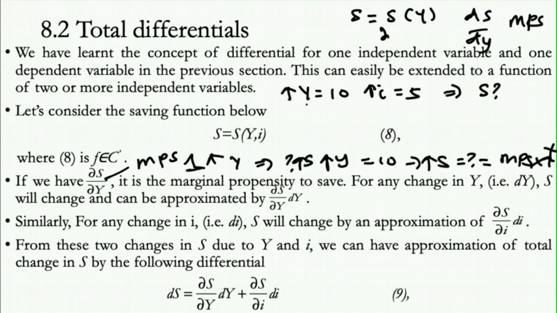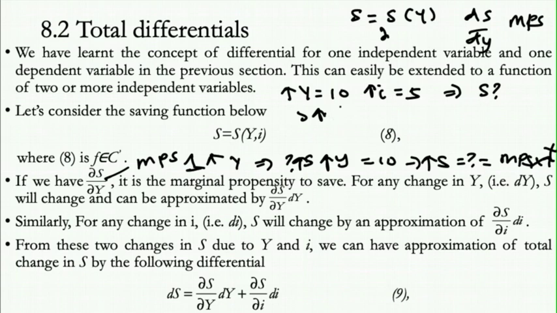By theory, if income increases, saving increases, and the same for interest rate. If interest rate increases, saving also increases. Why? Because interest rate is the income that we receive from saving. So we want to see how much is the increase in saving.